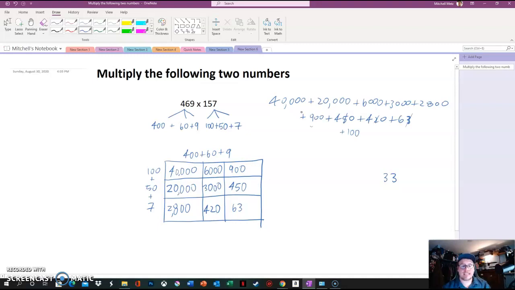So I have 26 hundreds. So that means I actually only have 6 100s and I have a 2,000. So now I have to add a 2,000. And so now I'm going to cross out my 100s to make sure I have those out of the way. So 2,800. I'm going to cross out my 800.